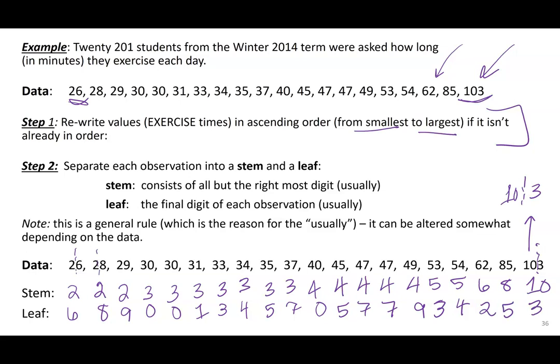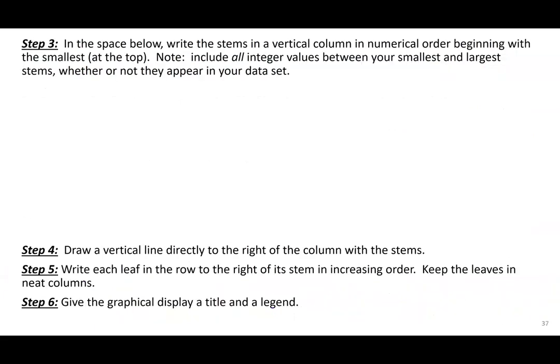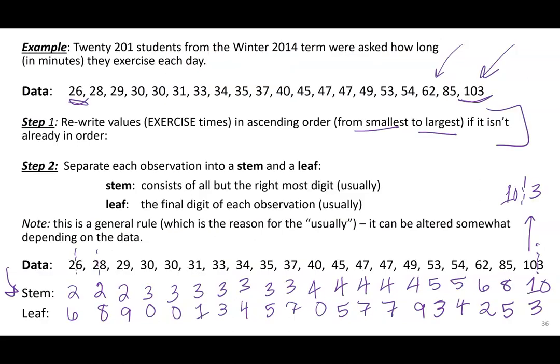The next thing I'm going to do is I'm actually going to go ahead and arrange the stem plot there. I'm going to write all these stems vertically. So looking here, I'm going to start in the 20s and I'm going to go all the way to 10.